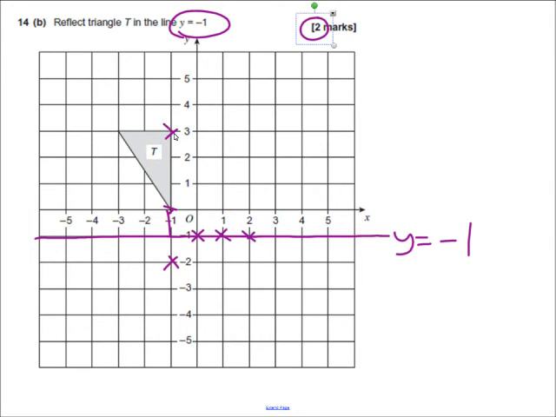This point goes 1, 2, 3, 4, 1, 2, 3, 4, and ends up here. And this point, 1, 2, 3, 4, 1, 2, 3, 4, and then reconstruct your triangle. Again, not forgetting to label it T dashed. Okay? So the trickiest part of the question was working out where your mirror line is when you're given the equation of the mirror line.